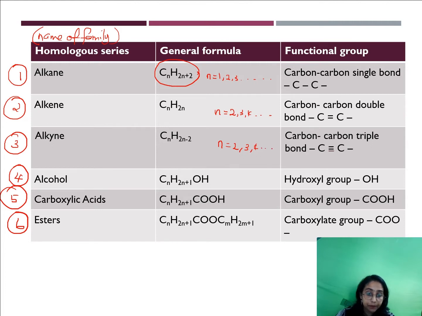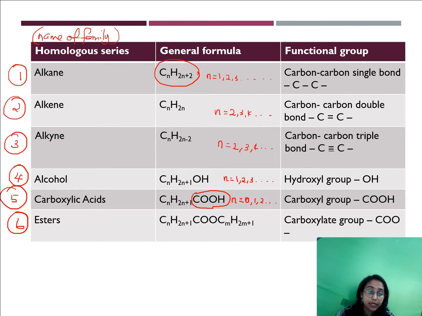When it comes to alcohol, n can start with 1, 2, 3, and so on. And for carboxylic acid, remember, because the tail part already has 1 carbon, the value of n will start with 0.